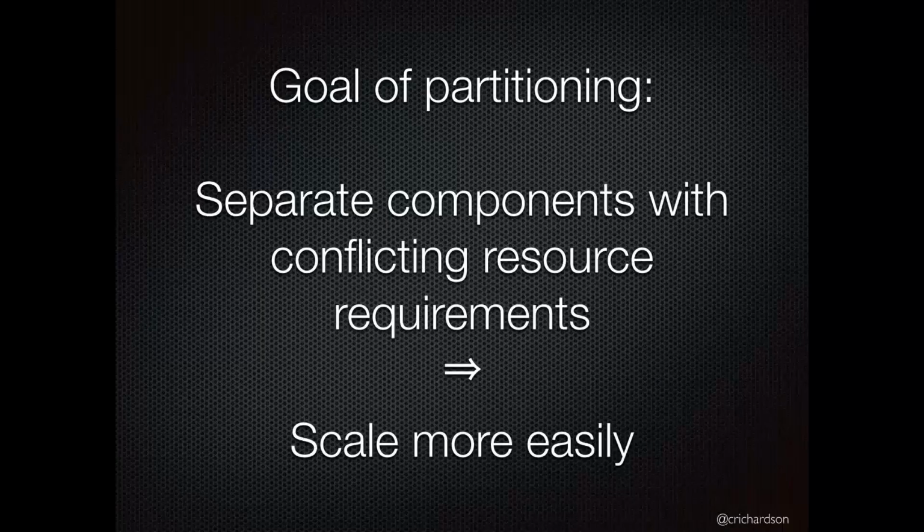Another goal of partitioning our system is to separate out components that have conflicting resource requirements. So an in-memory database that needs a lot of memory can be run in its own service, whereas our cryptography or image processing components, which consume a lot of CPU, can be run in their own service, because that will enable us to pick the hardware that's best suited to each service.